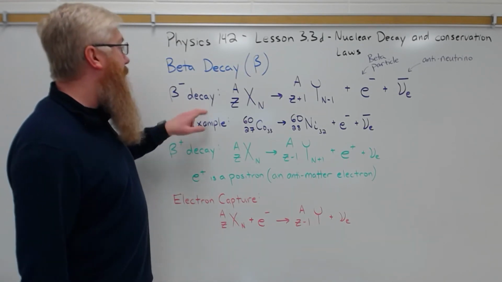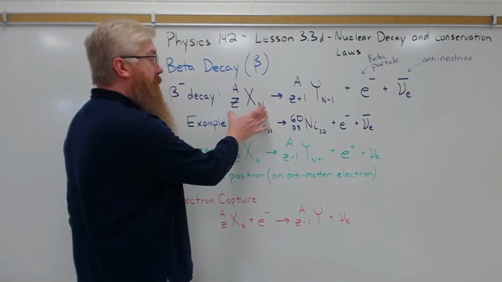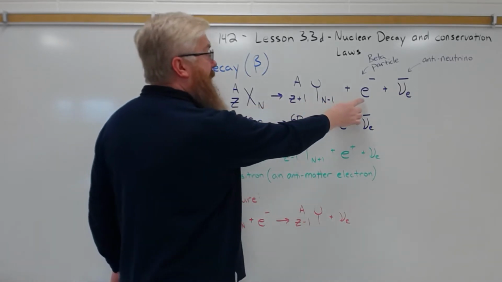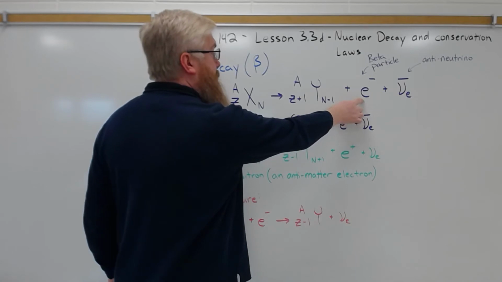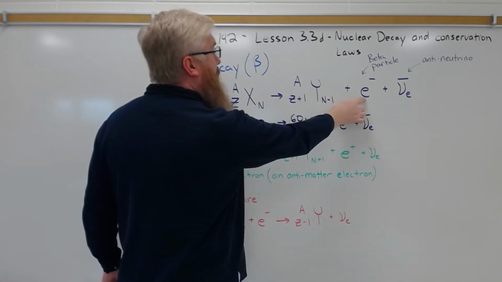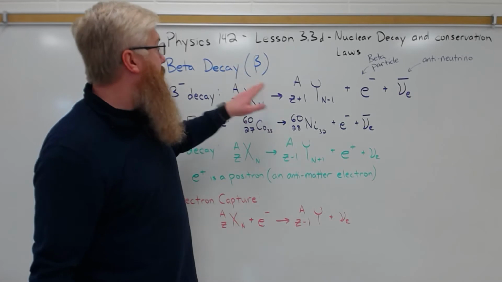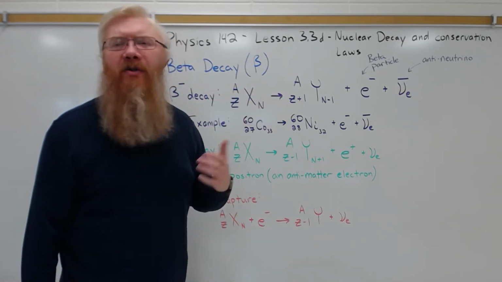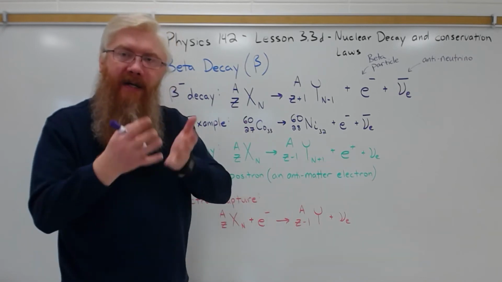Beta minus decay is when a parent nucleus spits out an electron, and what ends up happening is the mass number doesn't change, A doesn't change, because remember electrons are tiny compared to the mass of the nucleons.